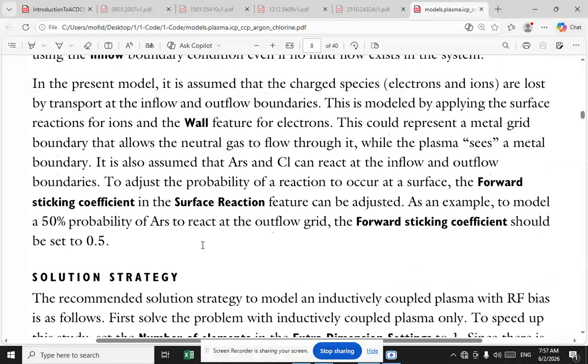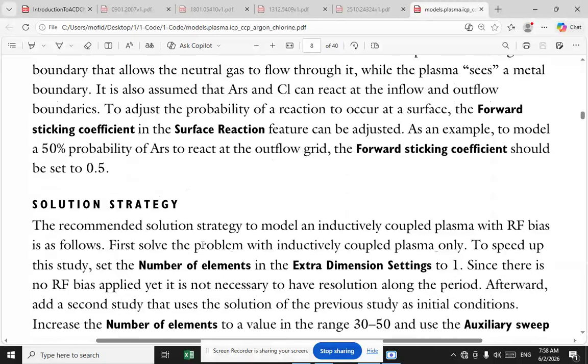It is also assumed that the argon and chlorine can react at the inflow and outflow boundaries. To adjust the probability of reaction at the surface, the forward sticking coefficient in the surface reaction feature can be adjusted. As an example, to model a 50% probability of argon reacting at the outflow grid, the forward sticking coefficient should be set to 0.5.